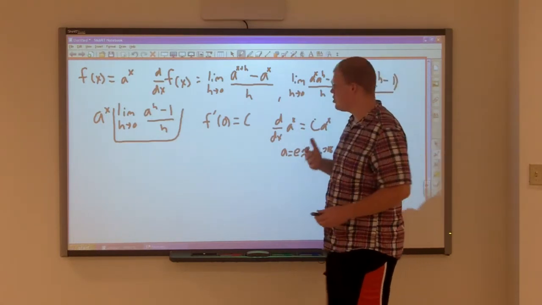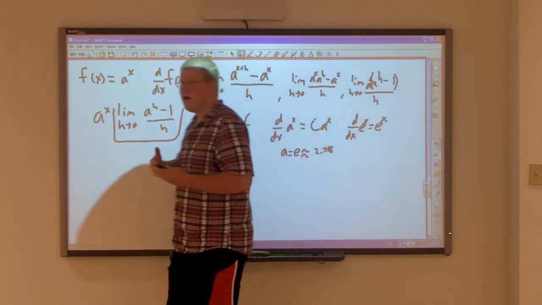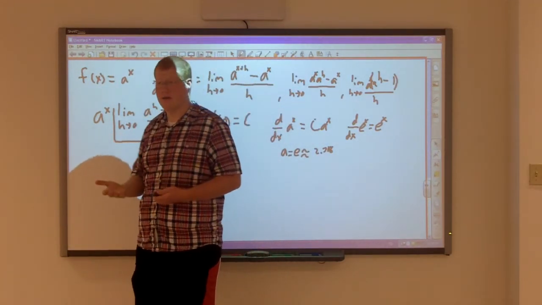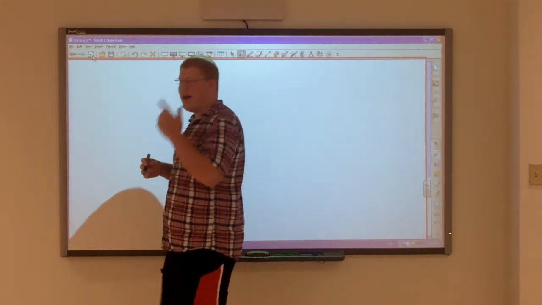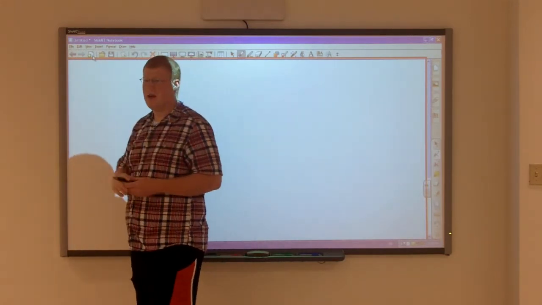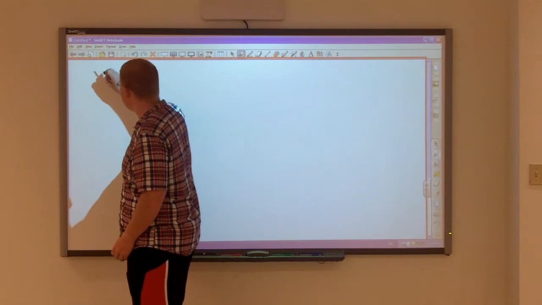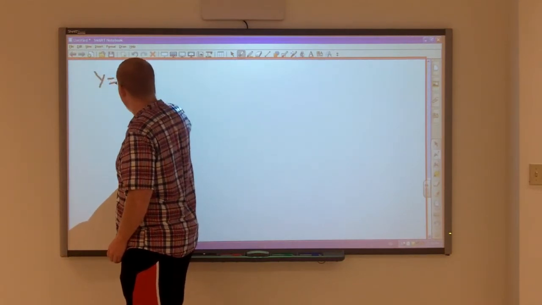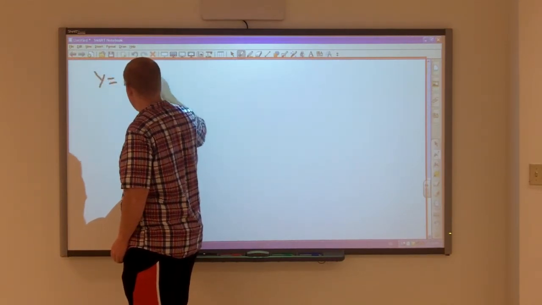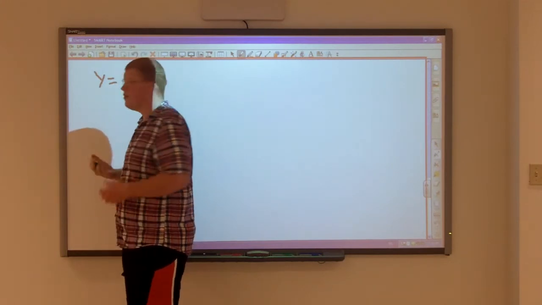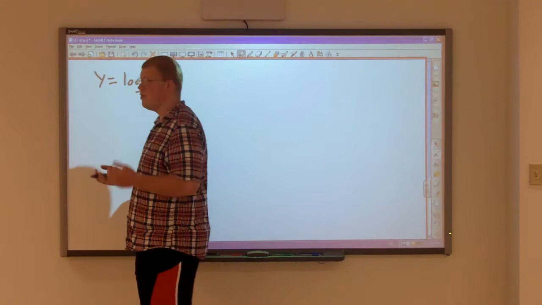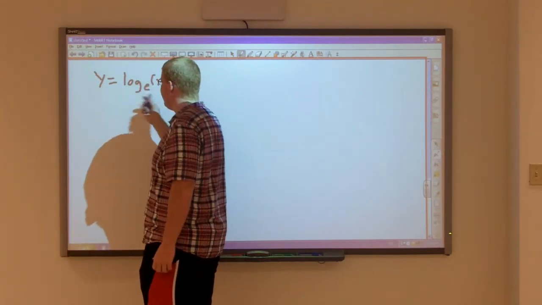And this is going to be extremely important when we go to find the derivatives of logs. So what we're going to do here is see that if we have some function, maybe y equals log base e of x, we're going to see what the derivative of that is. And so what we do is we take the derivative of both sides.